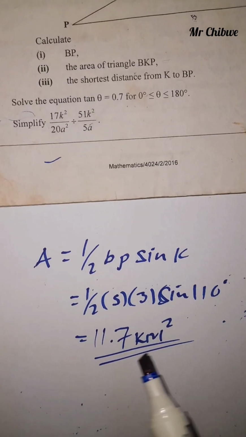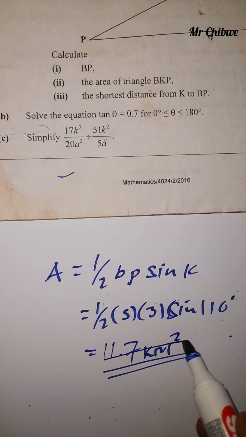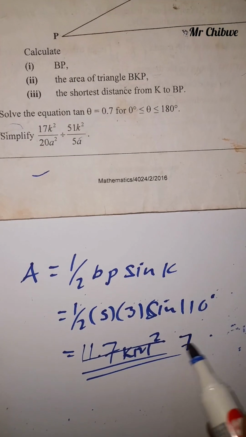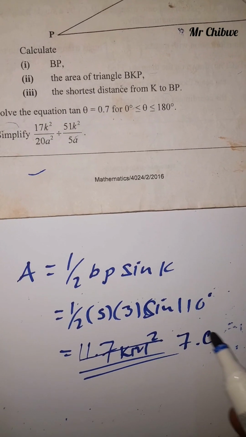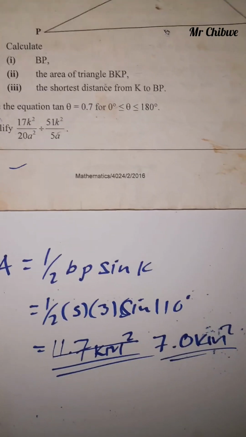Okay, so there is a mistake. The answer should be 7.0 kilometers squared and not 11.7.